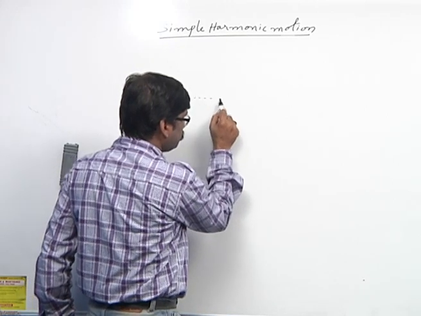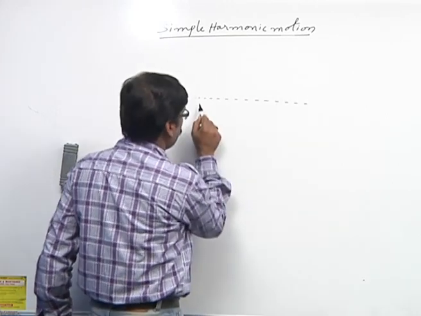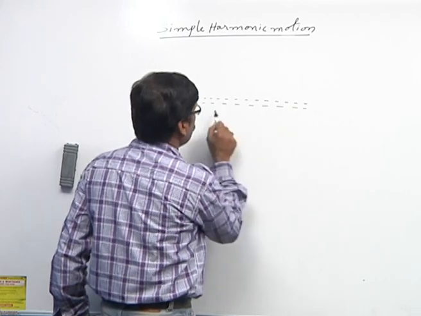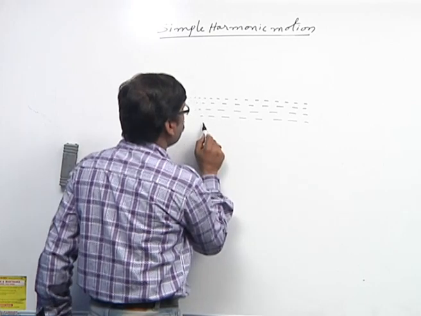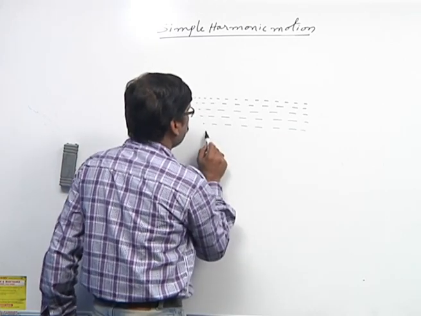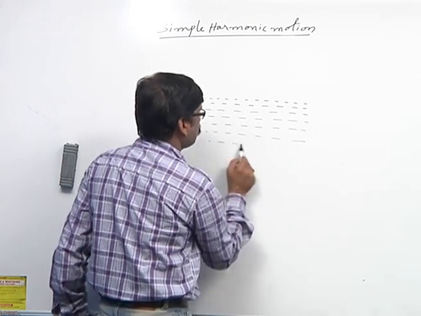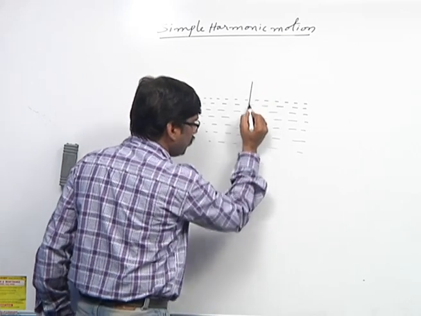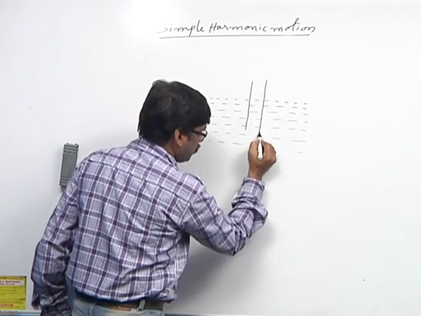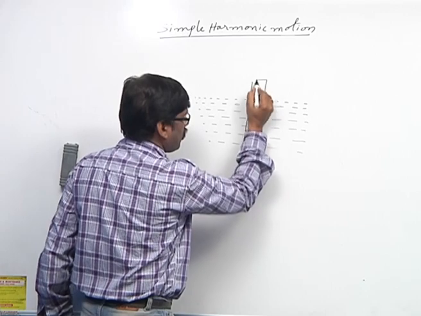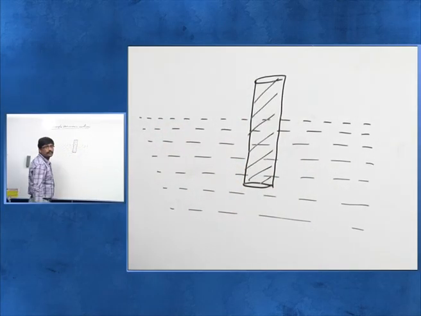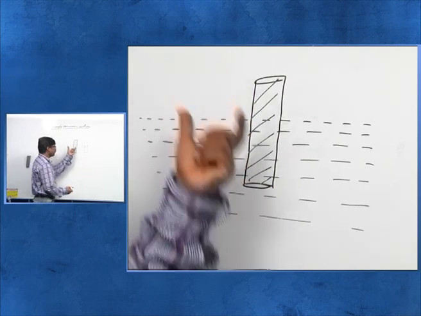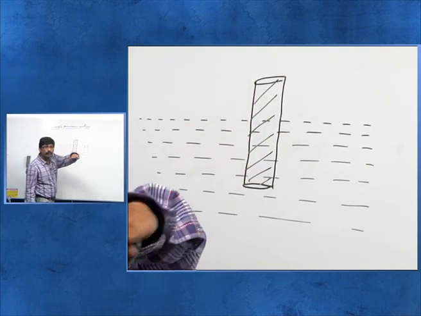Let us say a cylinder is floating in a liquid, where the upthrust is balanced by its weight. The upthrust balances the weight, and it reaches the equilibrium position.